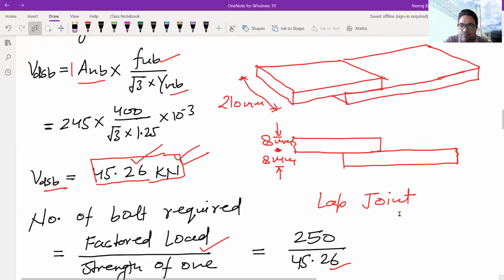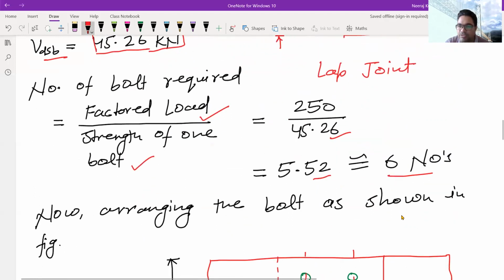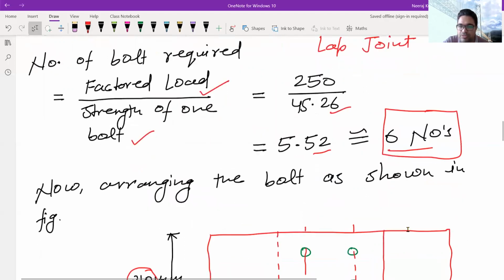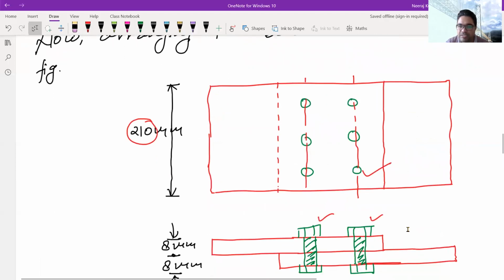But once we calculate the number of bolts, we find that the number of bolts is 6, and we have arranged these 6 bolts in 2 rows. And in the section we can now see that there are 2 bolts per section.